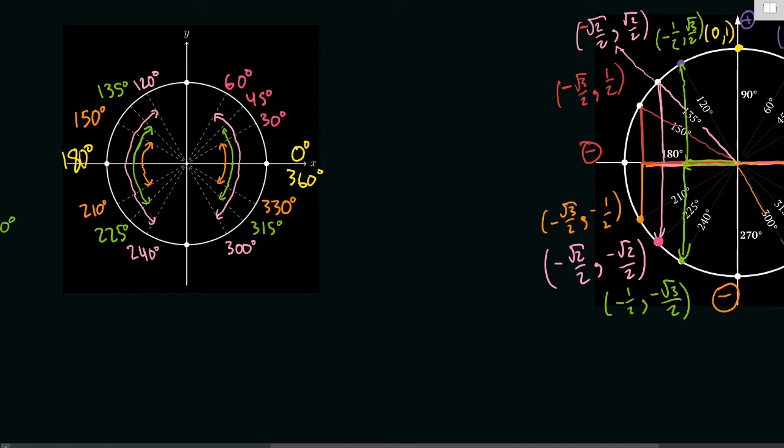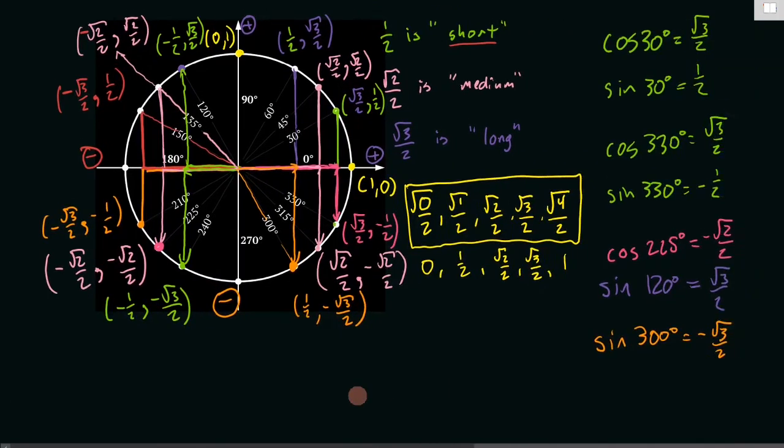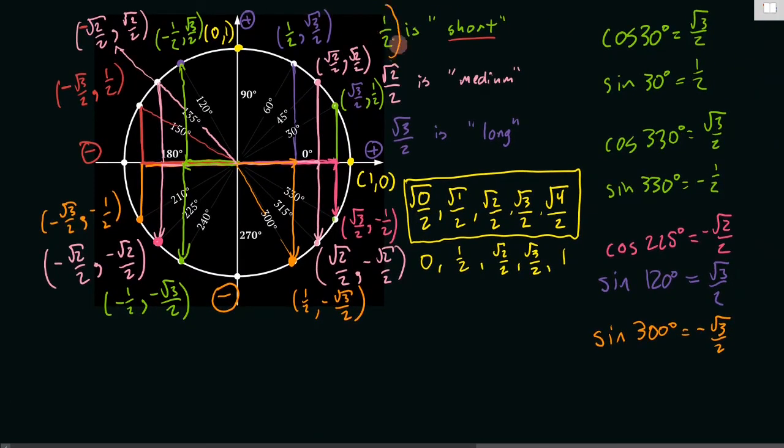And then based on that, you should be able to figure out if you're going positive or negative in your x and your y, depending if you go right or left, or up or down. And then your values are always going to be half if it's like a short length, root 2 over 2 if it's a medium length, or root 3 over 2 if it's a long length.